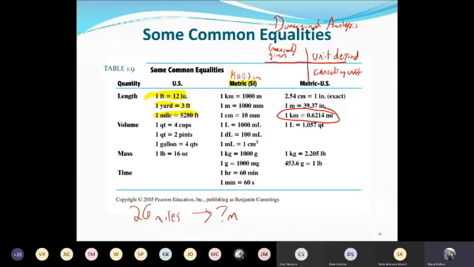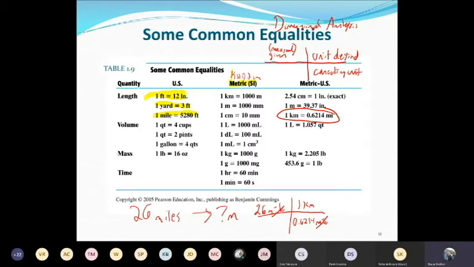So what we'll do is go ahead and convert our 26 miles into kilometers, okay? So for every kilometer, there is 0.6214 miles, okay? So that gets rid of our miles, and now we have kilometers.